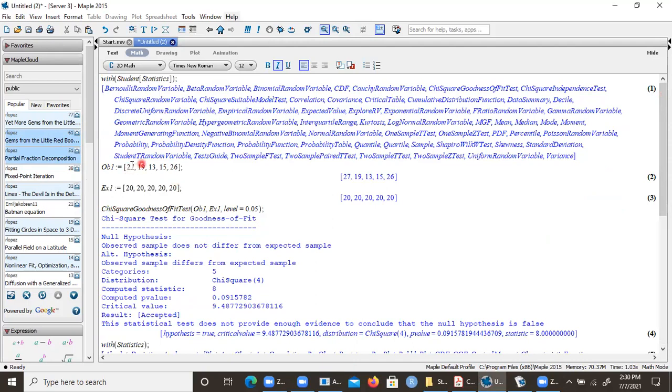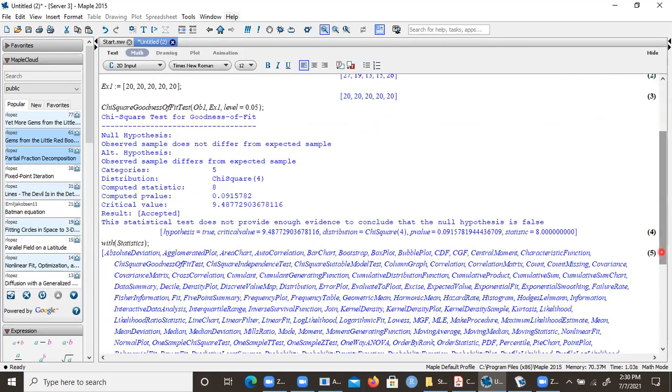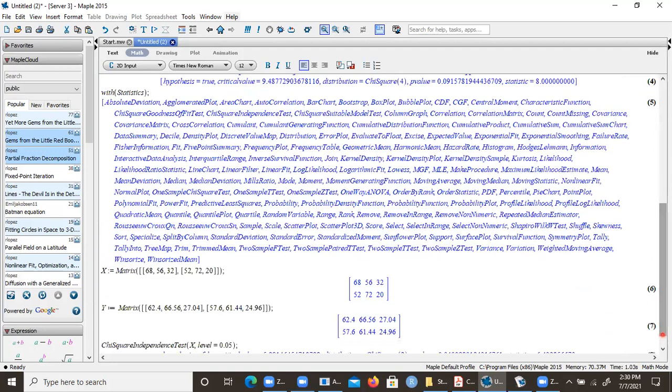If I use that command on the current problem, first of all, the observations will be taken row wise in a single row, and the expected frequencies will also be given in a single command. Let me show you what happens. If I don't show, you will not be able to understand. If I try to use this command over here, what is the problem? Let me show you.